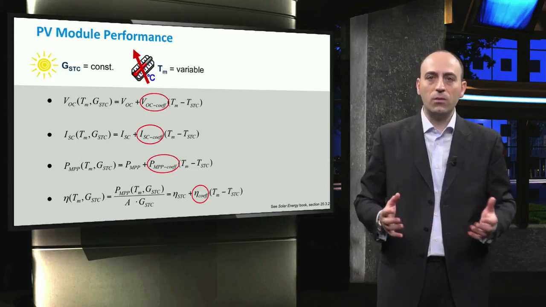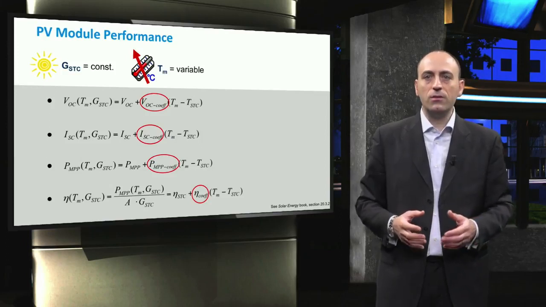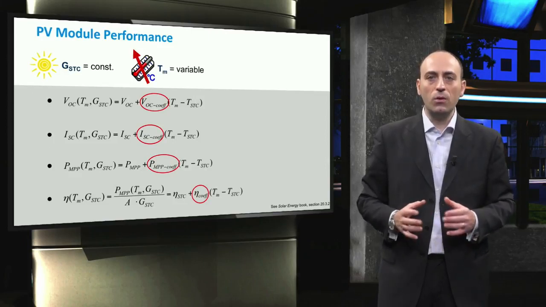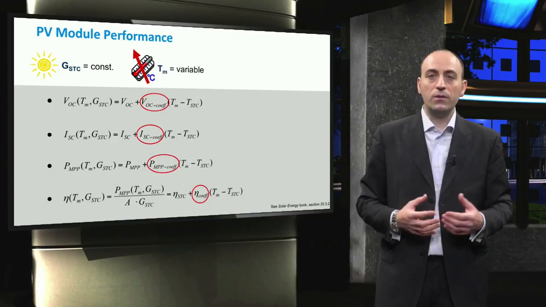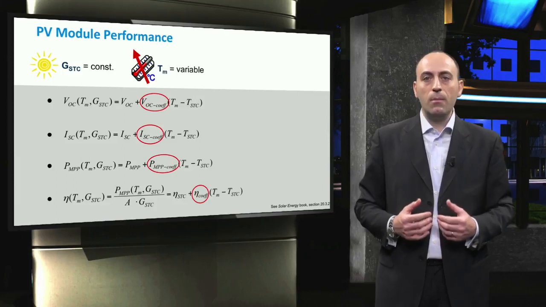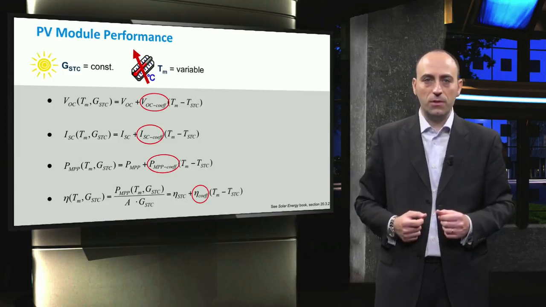So, assuming that we know the temperature of the module at a certain moment, then the VOC, for example, is re-evaluated from the VOC at standard test conditions by means of a simple linear correlation, where the temperature coefficient indicates the slope of the deviation. The same applies also for the short-circuit current, the maximum power point, and the efficiency.